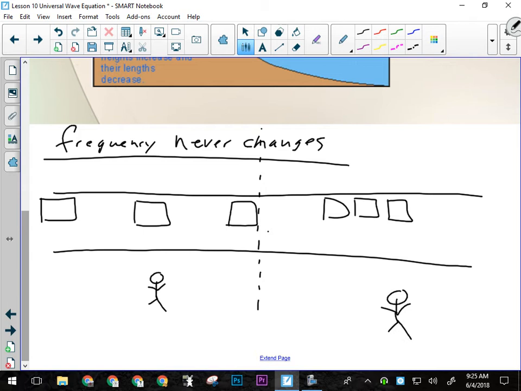But frequency will never change. Once a wave is produced, its frequency remains the same. If that were not true, then light could change color spontaneously, and sounds would be significantly altered, things like that. Once a wave is produced, its frequency remains the same always.